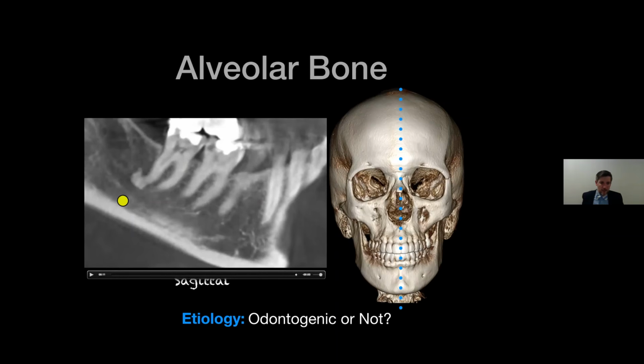If I were to see this high density area, I would want to evaluate the PDL spaces just to make sure they look normal. And the PDLs here do not look widened at all. This just looks like a radiopacity or high density area near the apex of that root.